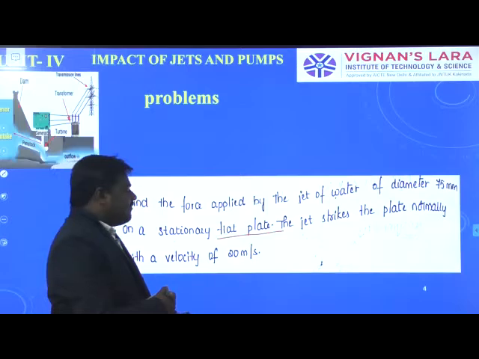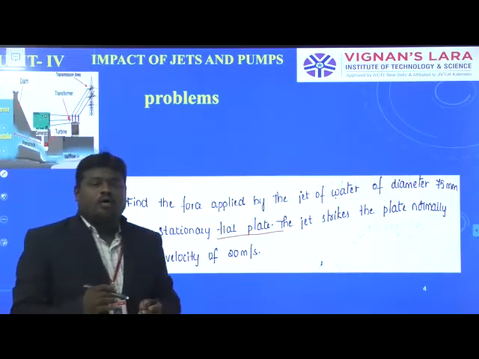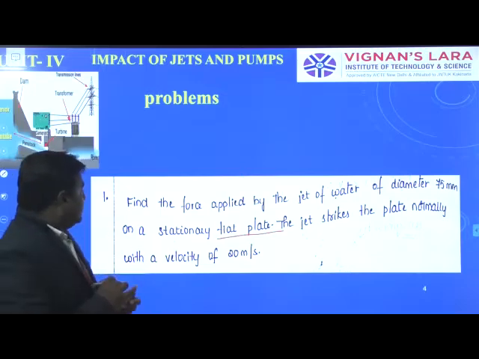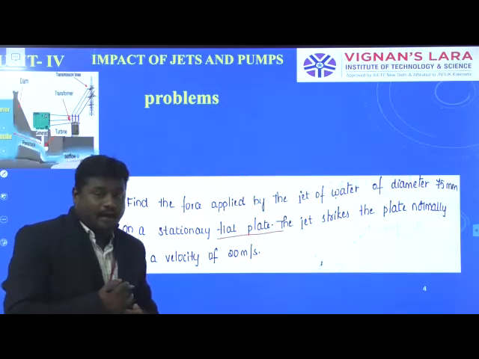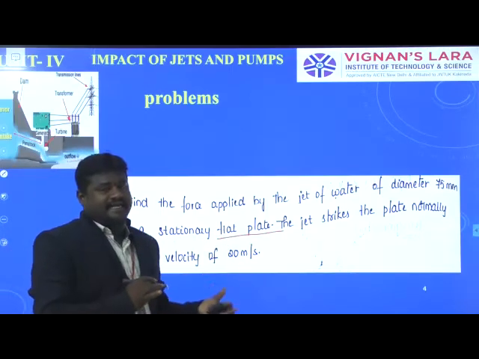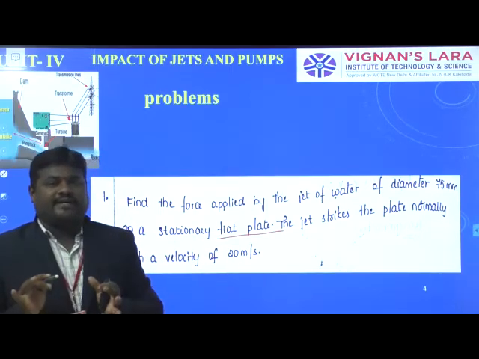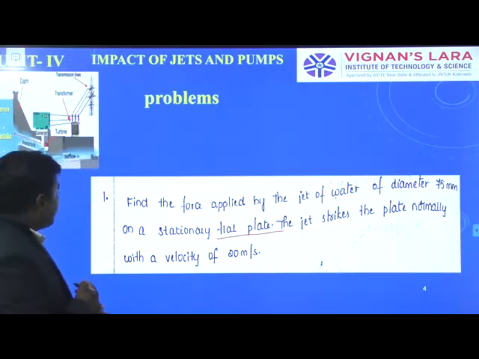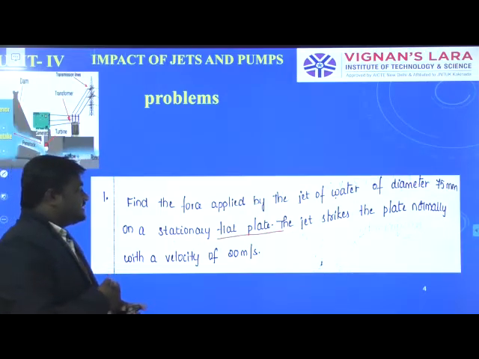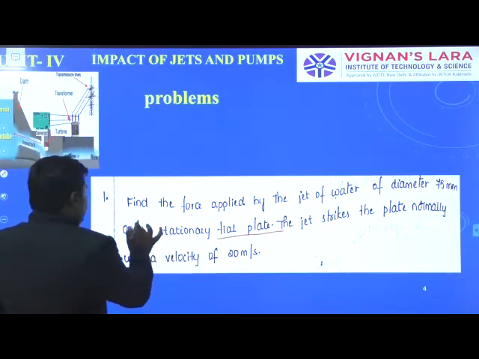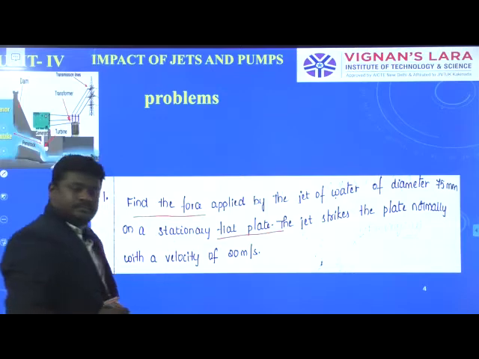First of all, we have to read the problem 2 or 3 times, because when you read it 3 or 4 times, you should understand what data is given and what we have to find out. So see once again: first see the problem. Find the forces applied by the jet of water. So we have to find the forces.